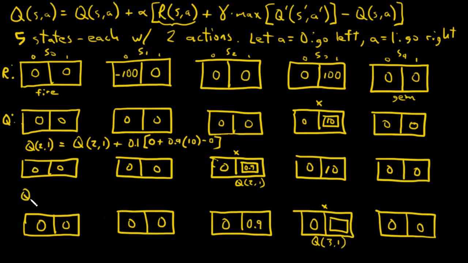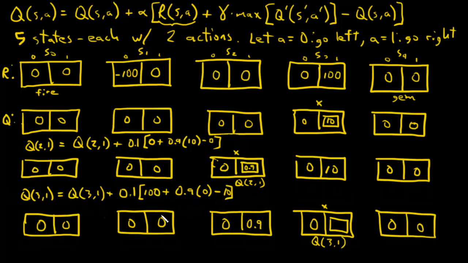So Q of 3, 1 is going to equal the previous value of Q31 plus 0.1 times, it looks above, the immediate reward is 100, oh, that's awesome, is 100 plus 0.9 times, it looks over to these two. What is the max value here? Well, it's still 0. And then it is going to subtract off its original value, which is 10.